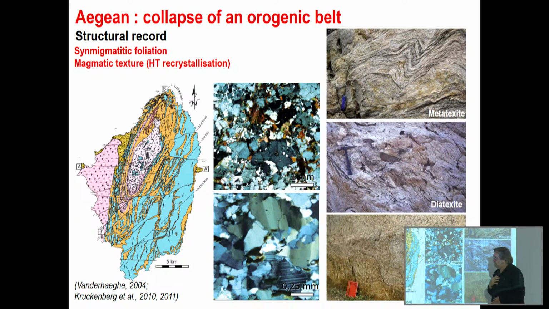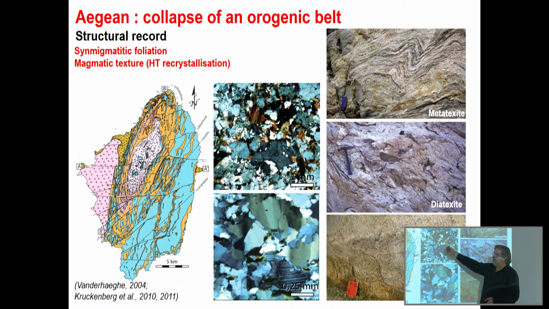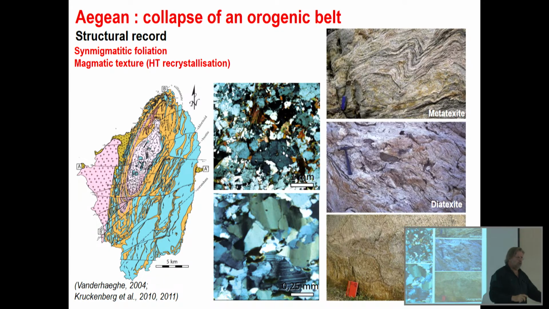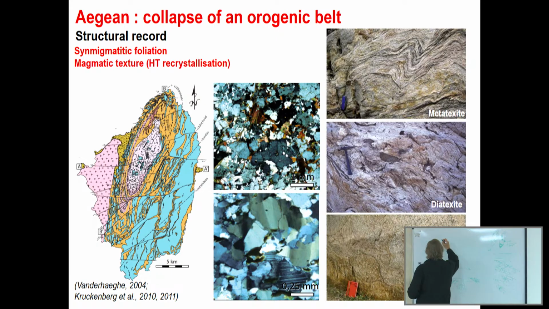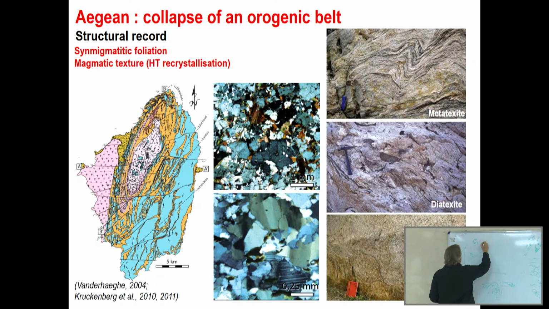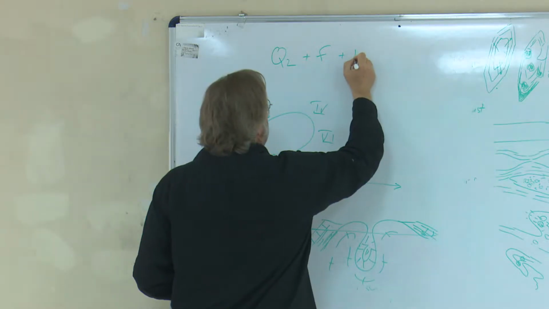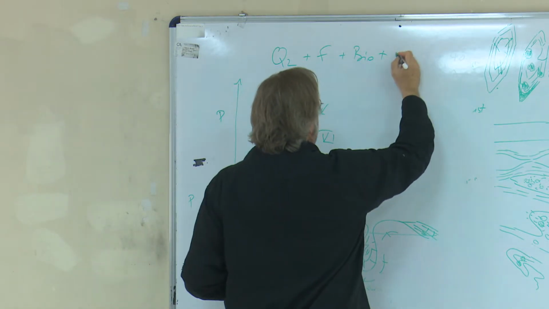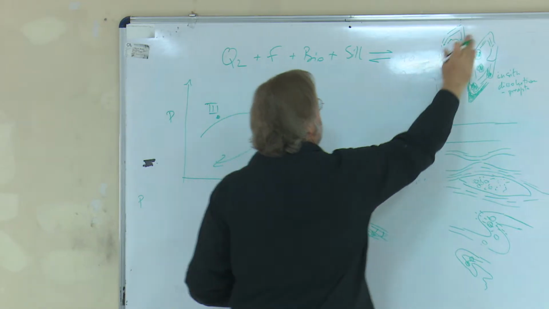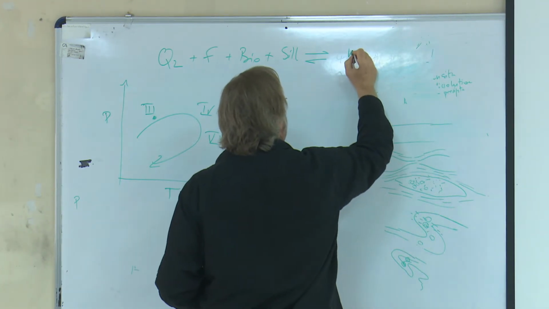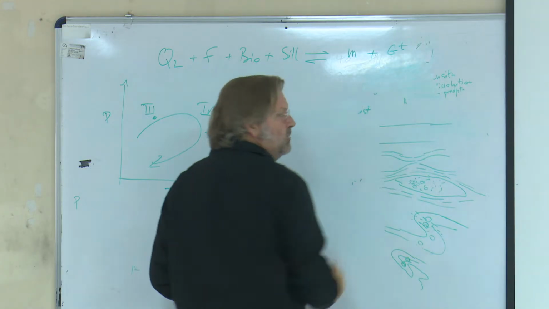And probably my interpretation now is that part of these minerals are residual from the protolith, part are crystallized from the melt, and part might be peritectic minerals. Peritectic, maybe not everybody knows that term. The problem with the melting reaction, if you take, let's say, quartz, feldspar, biotite, aluminum silicate, for example sillimanite, a typical reaction, it will go to melt plus garnet, for example.